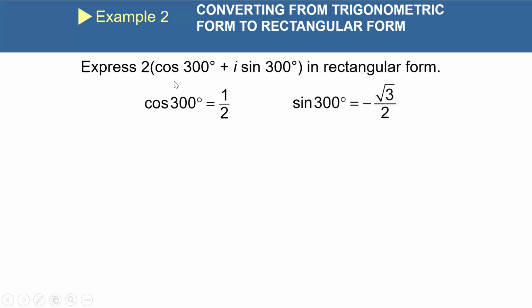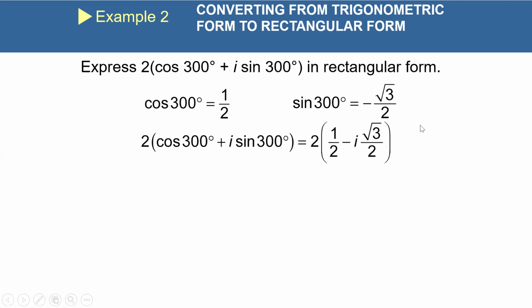So we're going to pull out what we know. We know that cosine 300 equals 1/2 from our unit circle, correct? The sine of 300 is negative square root of 3 over 2. Information we already know, correct? Got it? All right, we're going to substitute those values in.